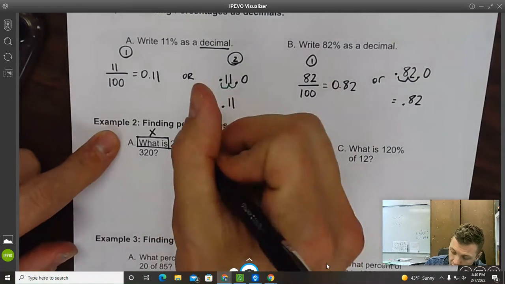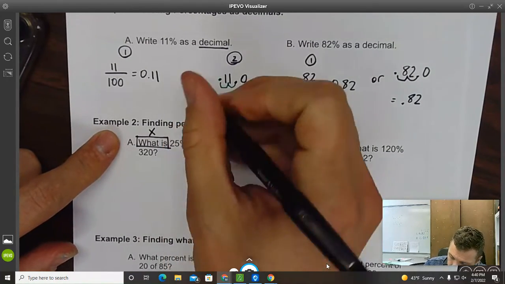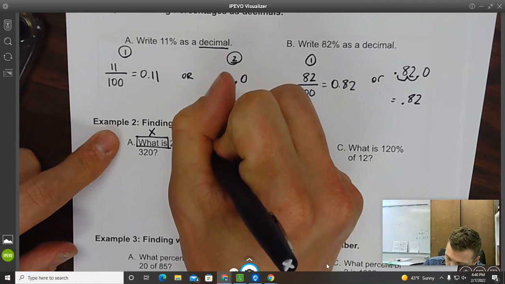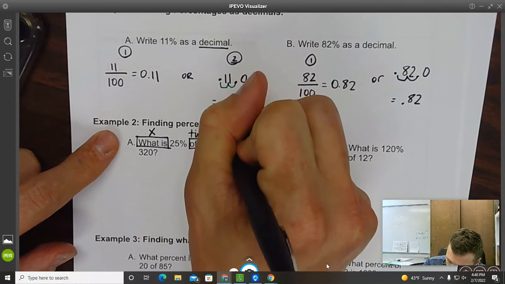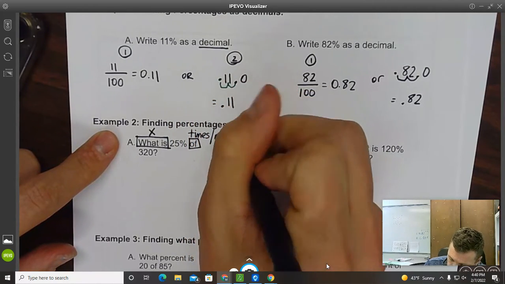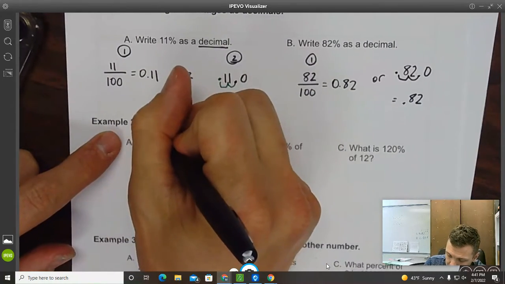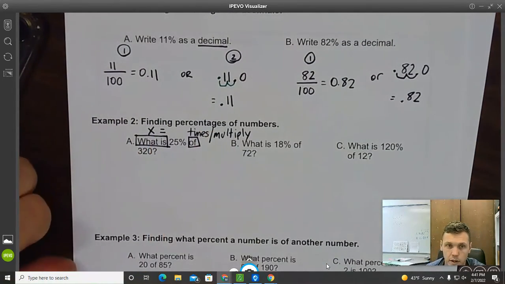Of means times or multiply. So what is means x equals.